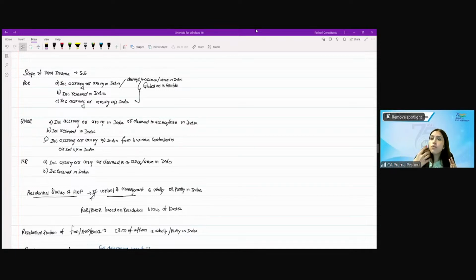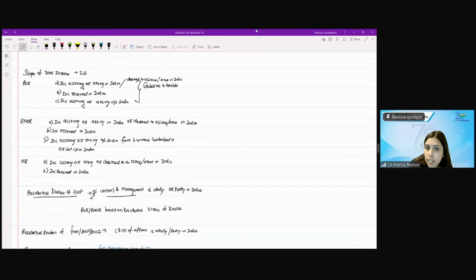So you cannot just sue your employer if he doesn't pay you every day, because the salary is not yet due. The salary will become due only on the 10th of month, or the rent will become due only on the first day of the next month. It will not be due throughout the month, but the rent will get accrued throughout the month because I am utilizing the premises.